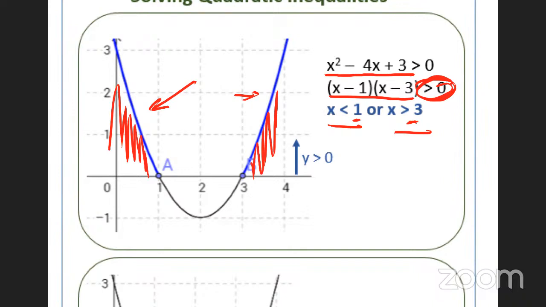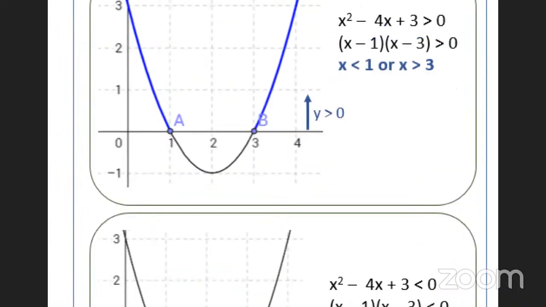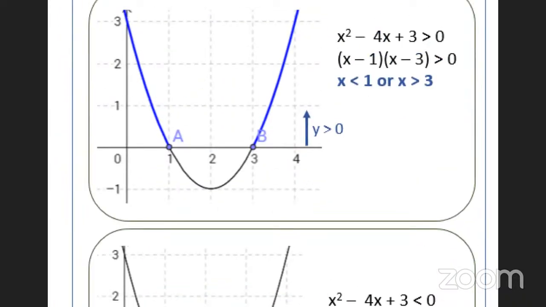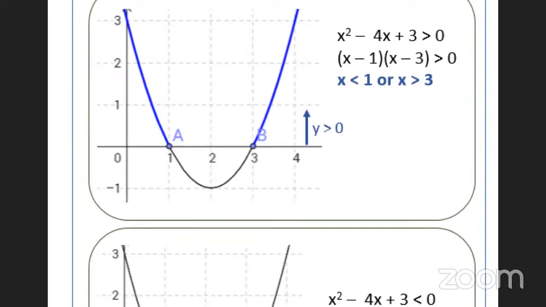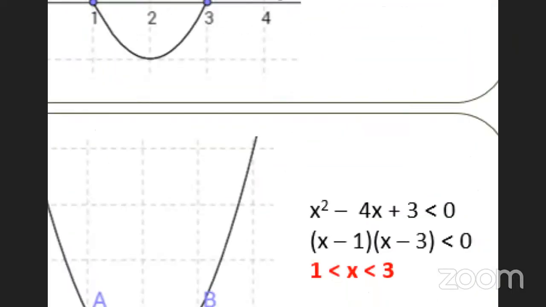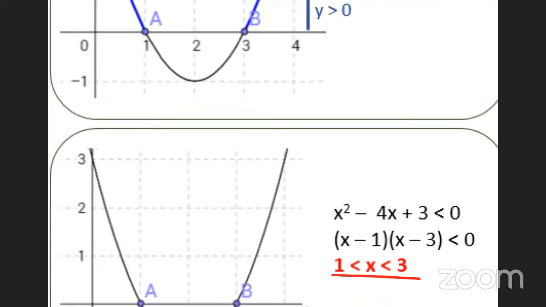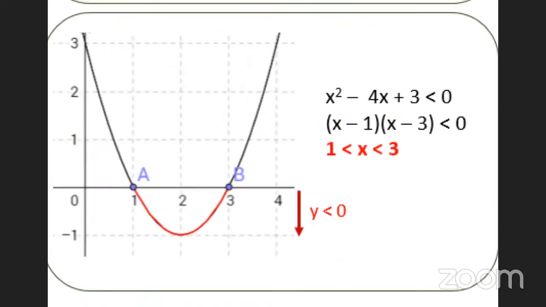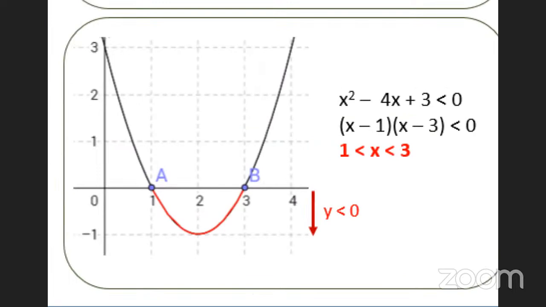And if it were less than 0, you get your critical values and the answer will be in between. That's the shaded part in blue. So this is what your final solution will look like. You want the values in between. And you have to remember to shade these things.